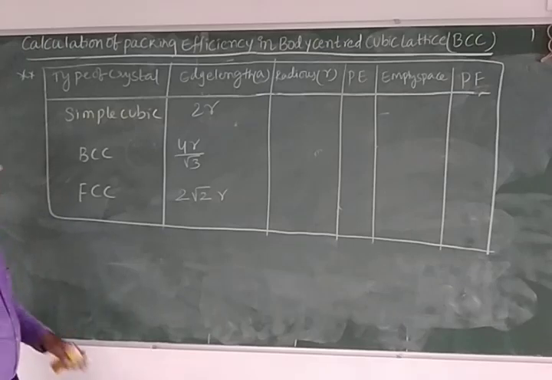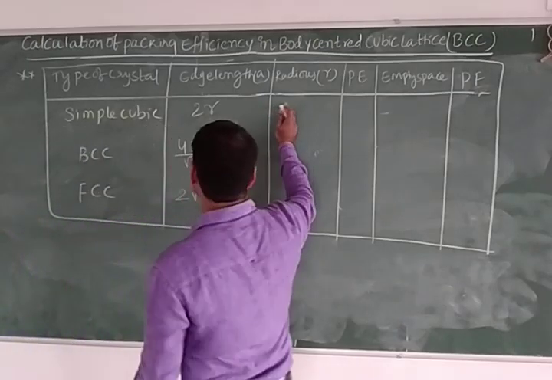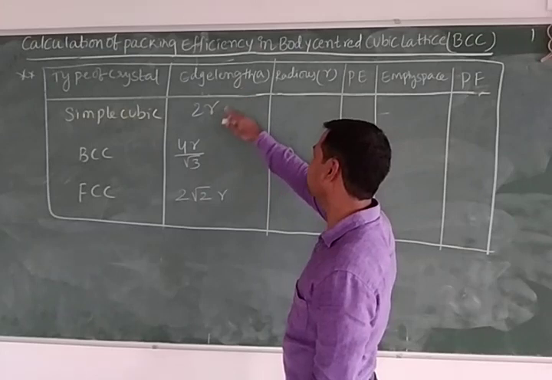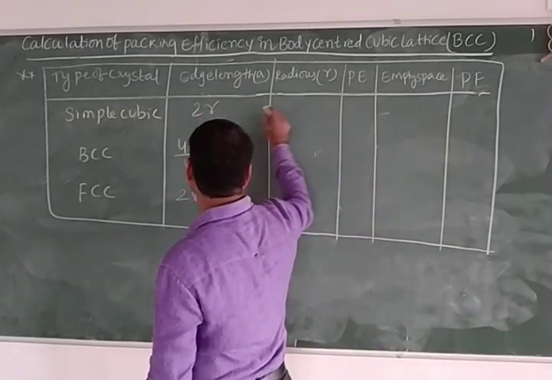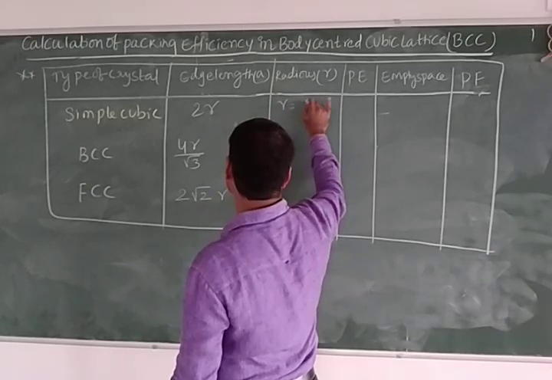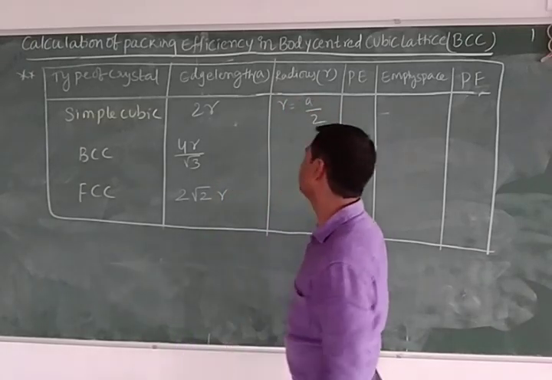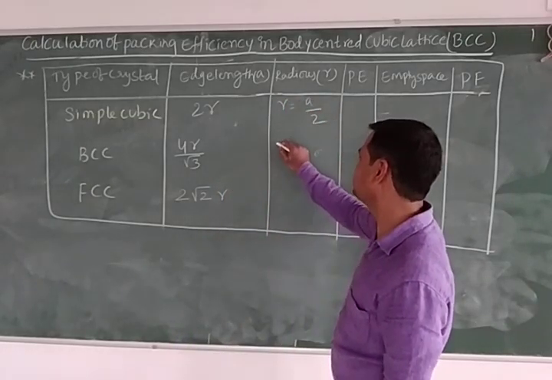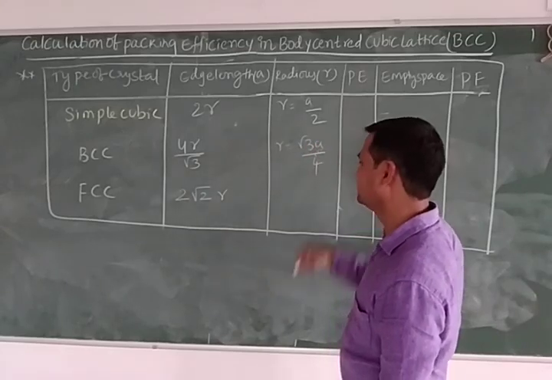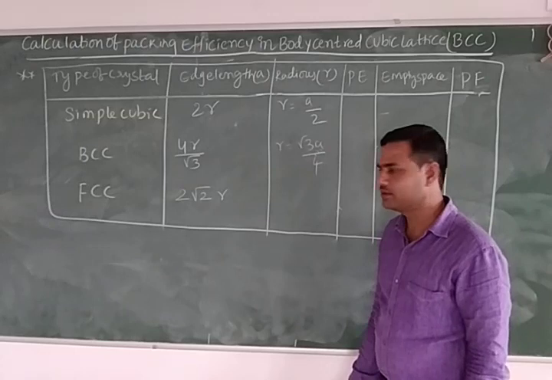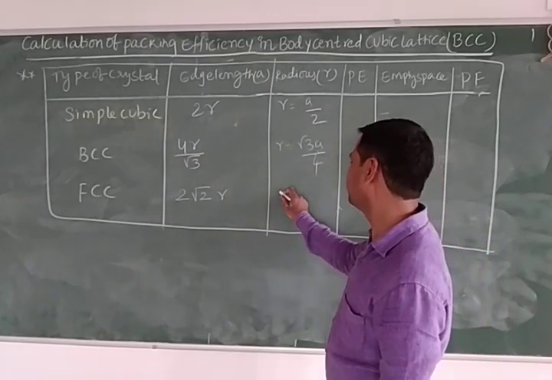Now we are writing here the radius formula. Here a is equal to 2r, then r is equal to what? a by 2. And in BCC, r is equal to what is the formula? Root 3 a by 4.